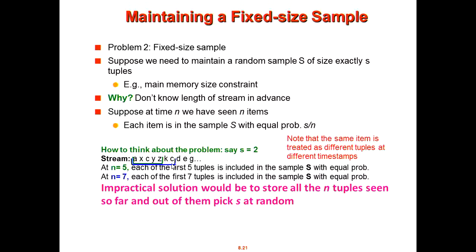And because there are 2 C's, and the other items only appear once, C has a larger probability to be sampled in the sample set. So that's why this fixed size sampling approach can somehow maintain a random distribution. If an item appears more frequently, the probability of being sampled is higher than the other items. That's why I said the items at different time steps are treated differently, because each such item has some probability to be sampled.